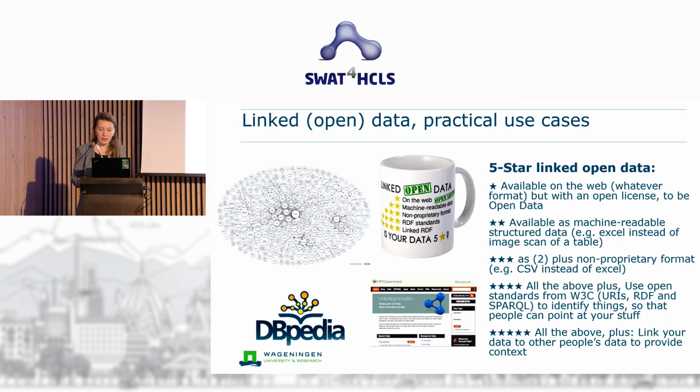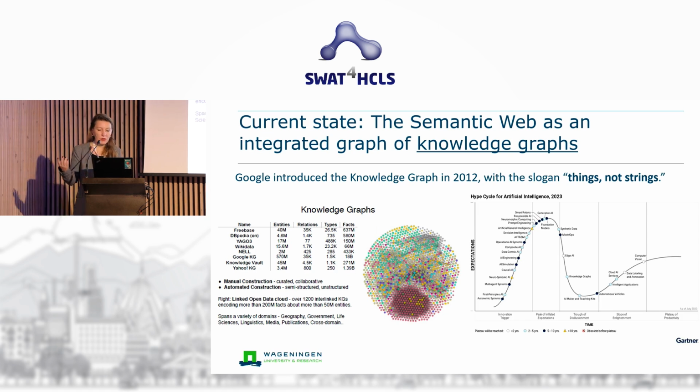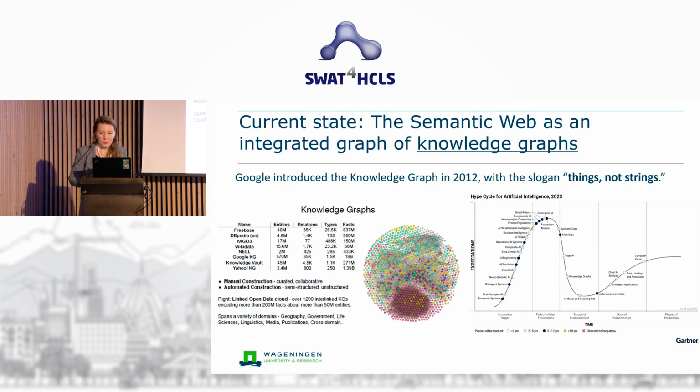We have open data and research data. And then it started to become knowledge graphs, and finally it got picked up, went high on the hype cycle of AI, and big industry started to use it.